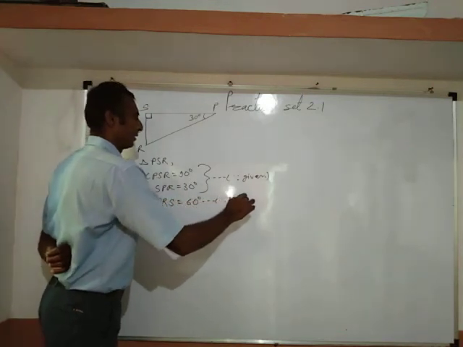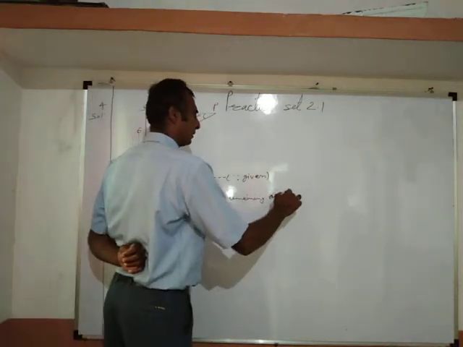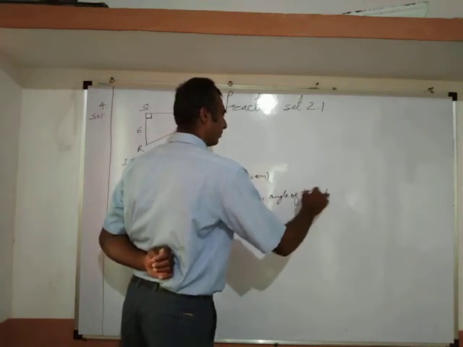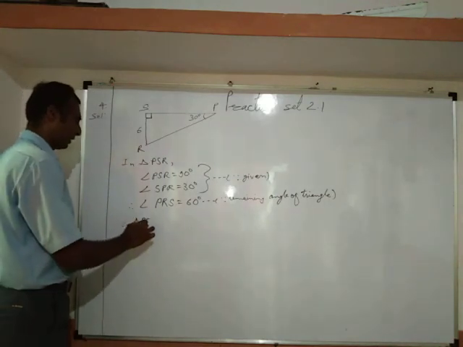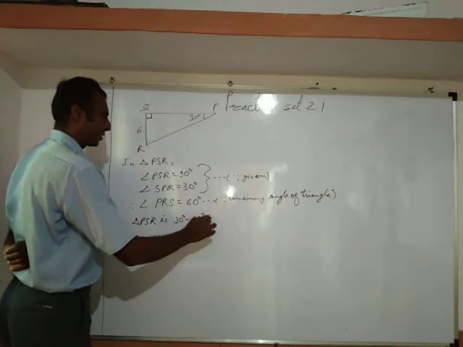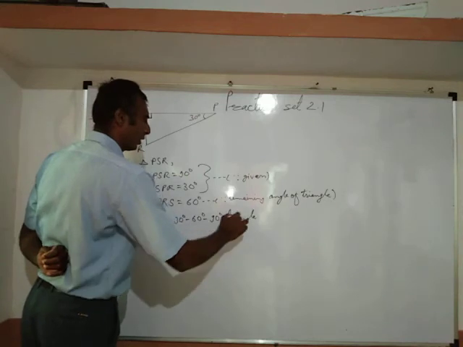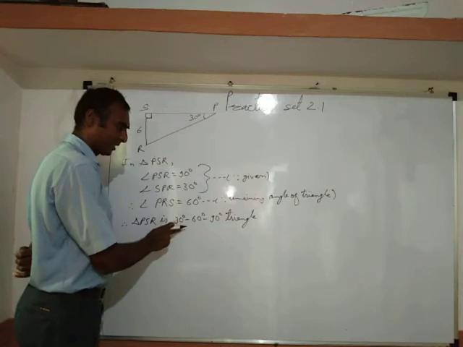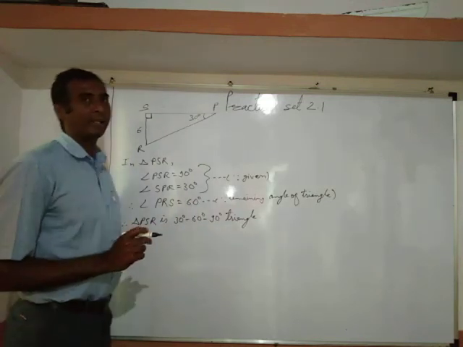Since it is the remaining angle of the triangle, triangle PSR is a 30-60-90 triangle. We write it as 30 degree-60 degree-90 degree triangle.